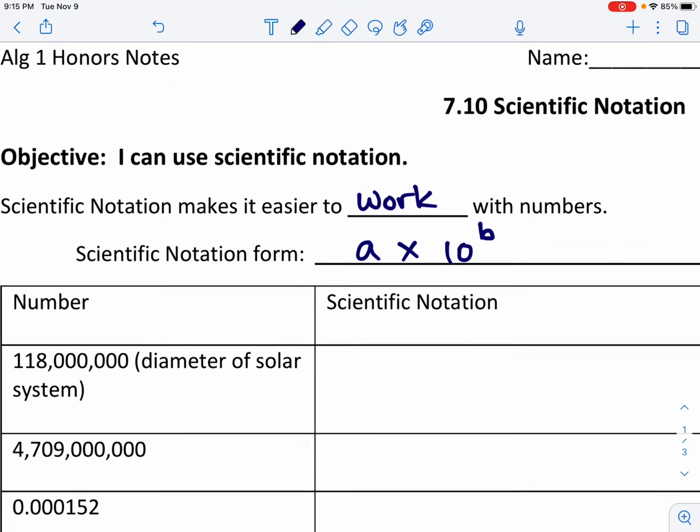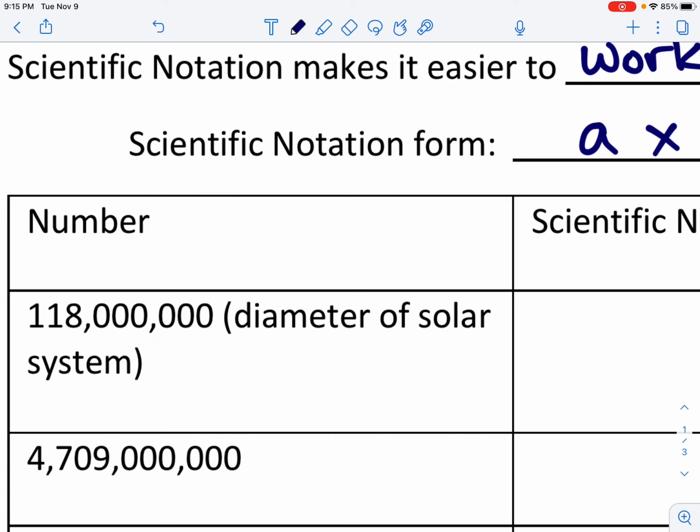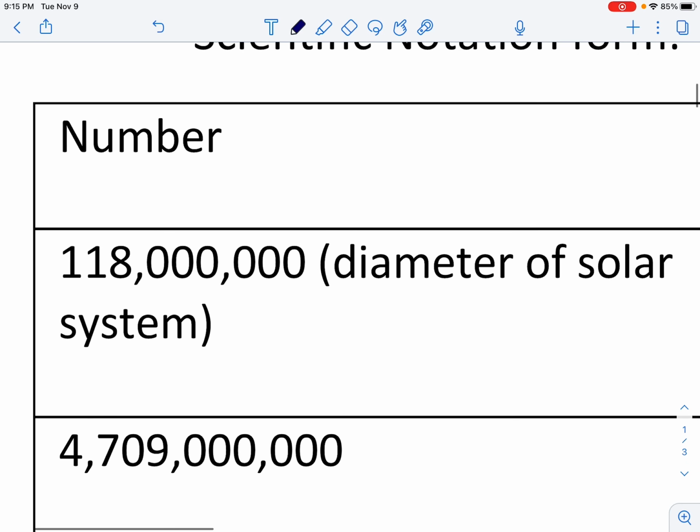And to make this into scientific notation, this is where we have to start with our decimal point, and we're going to count how many places it takes to get back to the first number. Okay, so our very first number has to be between 1 and 9. So this number is a number 1, so I'm going to place my decimal right after that.